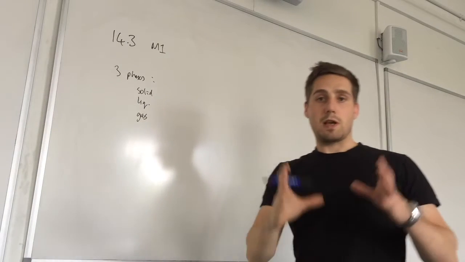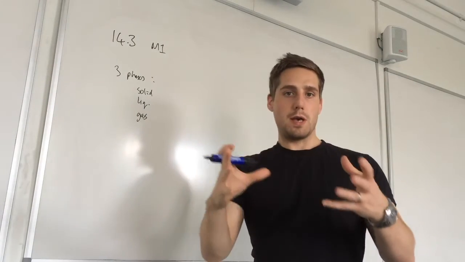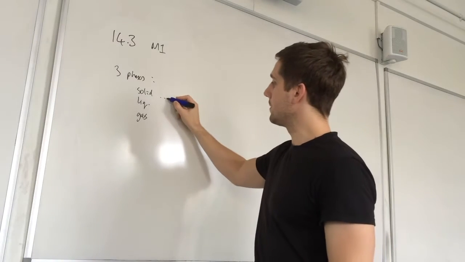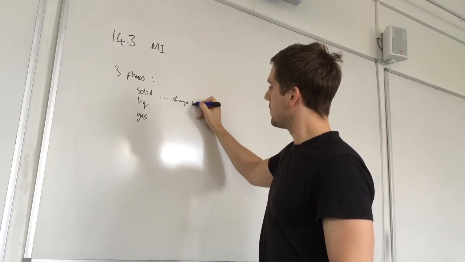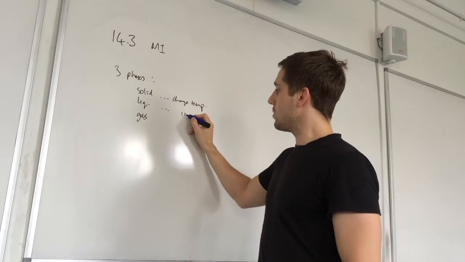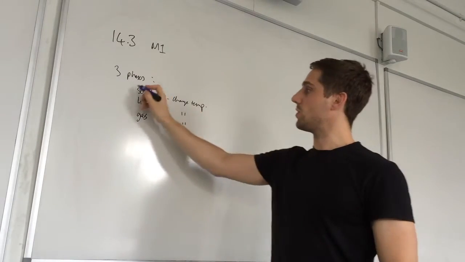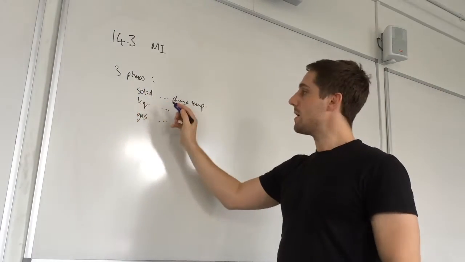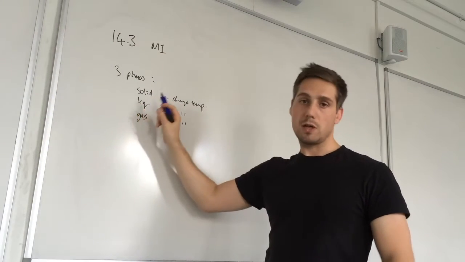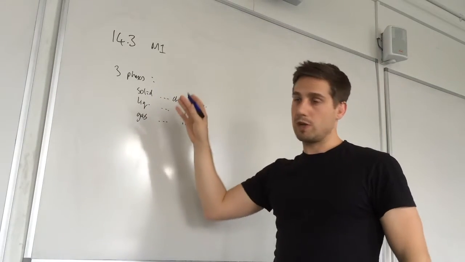Now, if you take a block of solid and you put heat energy into the material, then it will change temperature. And the same thing for liquid. You can change the temperature of it, and gas. As long as it stays solid the whole time, you can change the temperature. As long as it doesn't change from solid to liquid, liquid to gas, and so on, then the temperature will change.